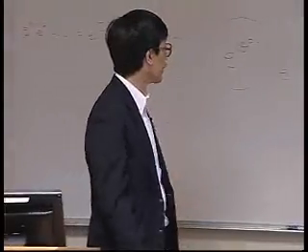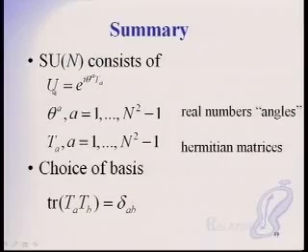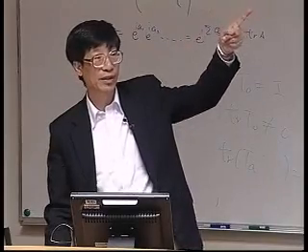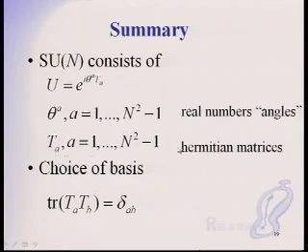This is a generalization of something we learned about rotations, where rotations are e to the i theta times J. Theta is three numbers, three components, that specify a vector in three-dimensional space, the axis and the angle of rotation. And the three J's are the Hermitian matrices.